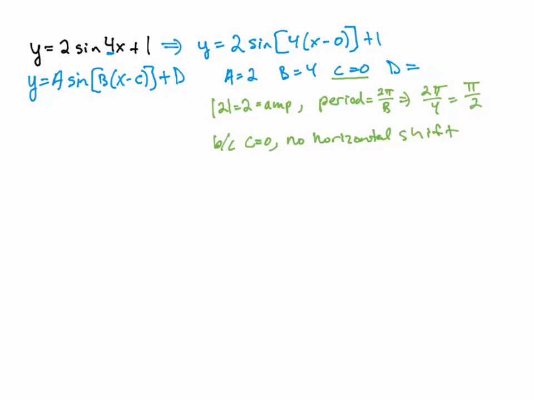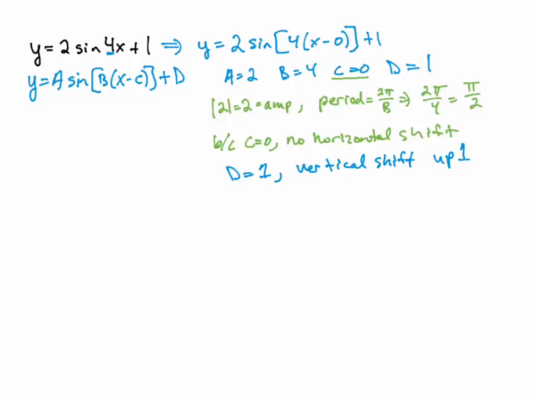The d value is equal to 1. So since d is equal to 1, we would say vertical shift up 1 unit.